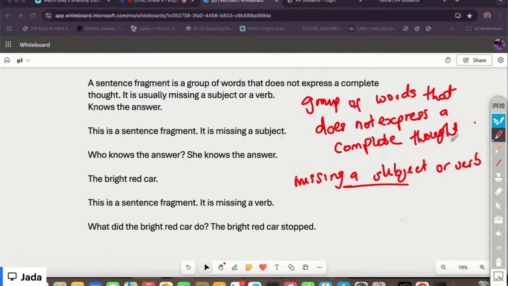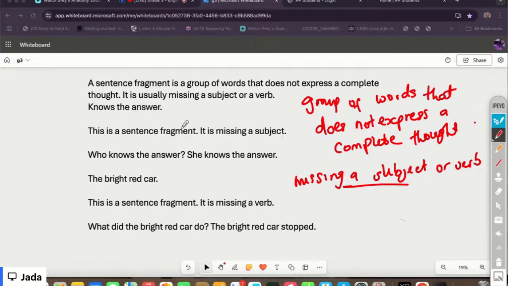One of these will be missing. That's why a sentence fragment does not express a complete thought, because every sentence is meant to have the complete thought. It's supposed to have the subject and the verb, but a sentence fragment doesn't have that.